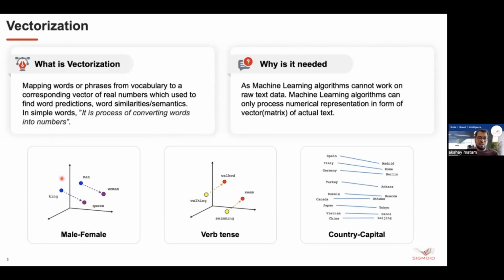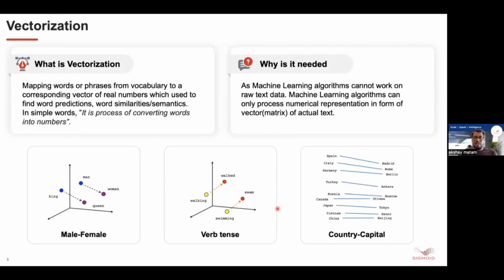Similarly for king and queen. If we go to the tenses, the same approach applies where we need to represent two keywords in the vector space similar to each other if they are in different tense. Same applies for the country and capital as well.